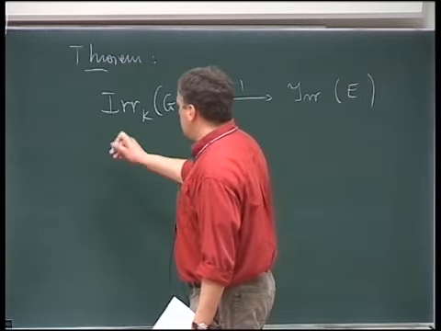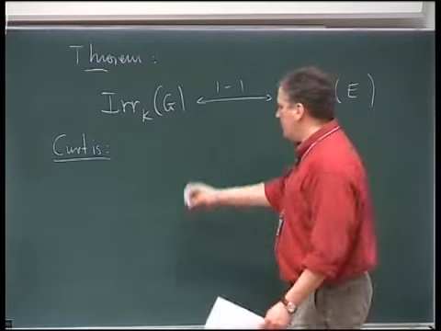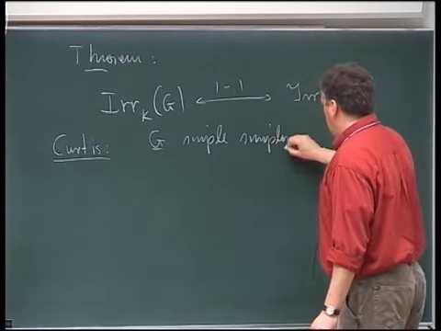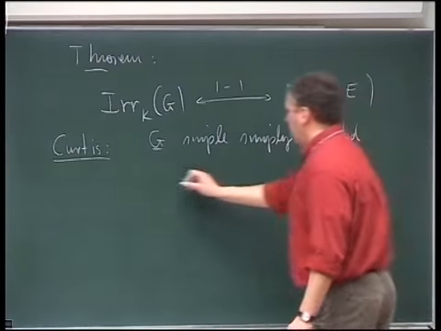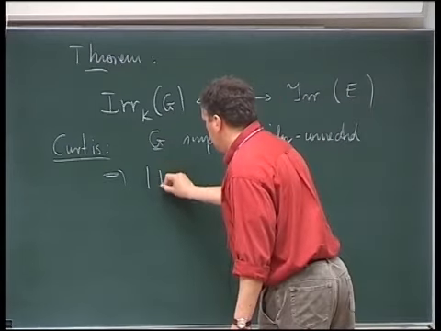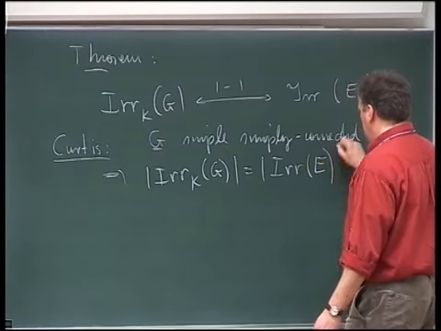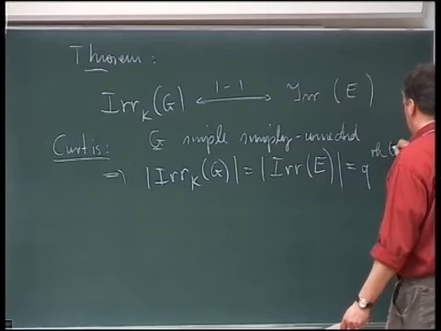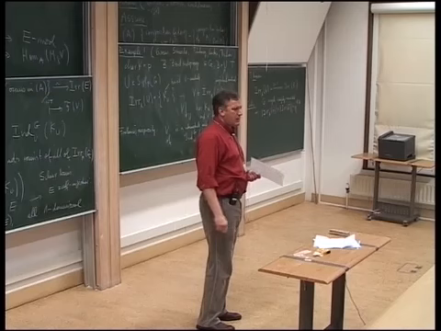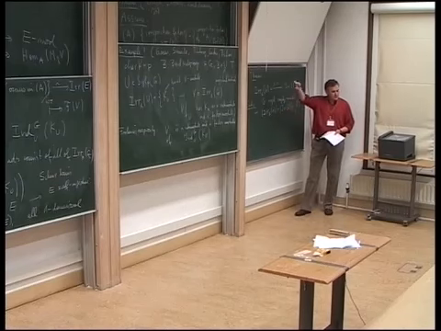For example, Curtis used this to reprove an old result of Steinberg's, namely that if G is simple and simply connected, then by just looking at the indexing set for the irreducible representations here, you find that the number of irreducible representations here is q to the rank of G, which is an old result of Steinberg's, which you can prove in this elementary way.